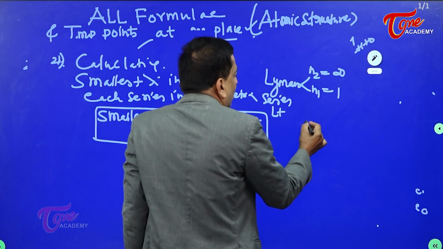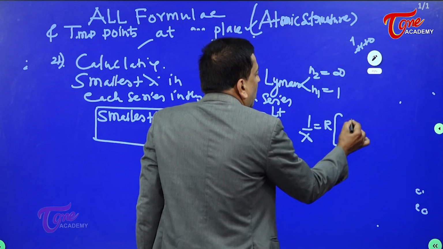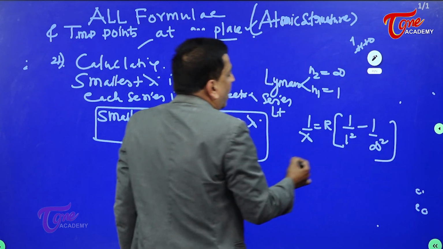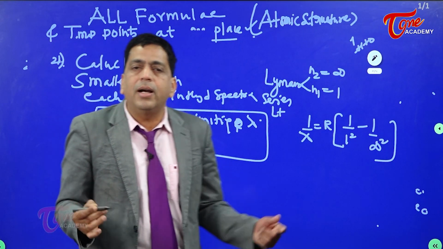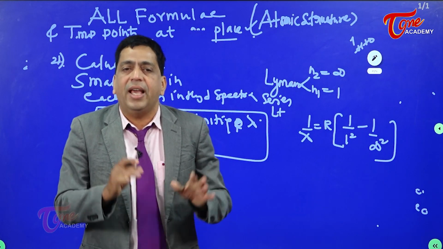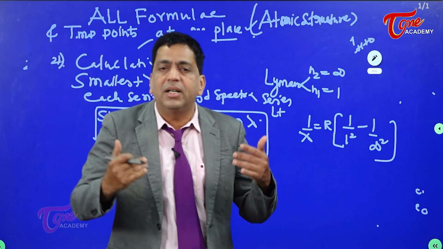So how much is the Lyman series limit? It is R into 1 by 1 square minus 1 by infinity square, which we need to substitute in the Rydberg's equation. So the smallest lambda is got by substituting N1 is equal to 1 and N2 is equal to infinity in Rydberg's equation.